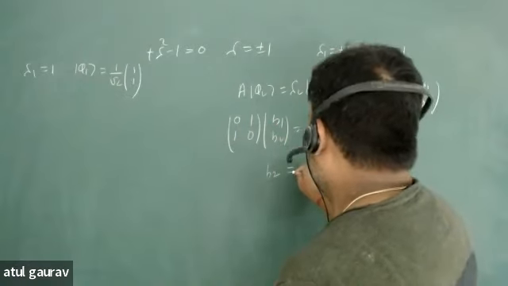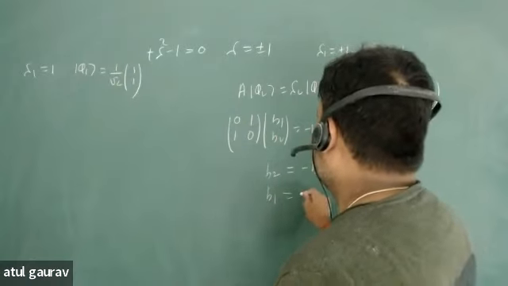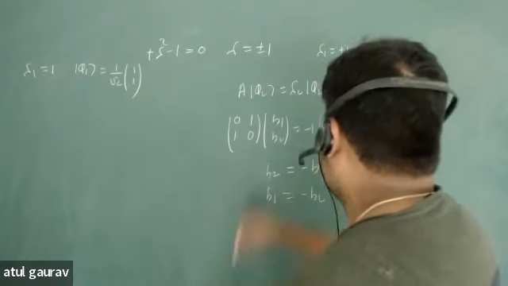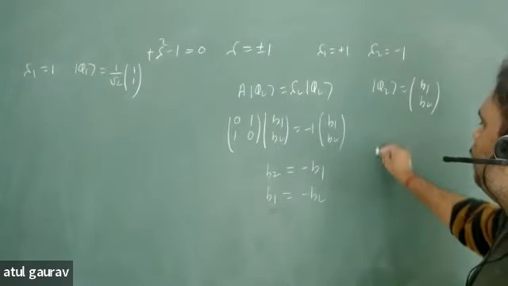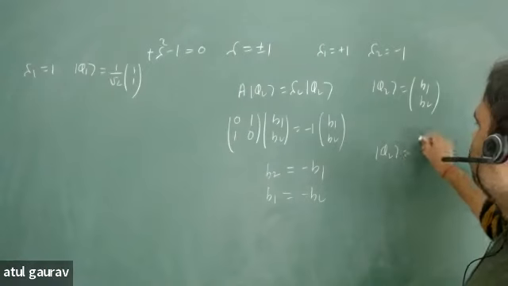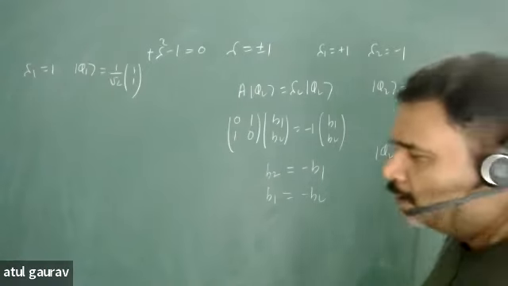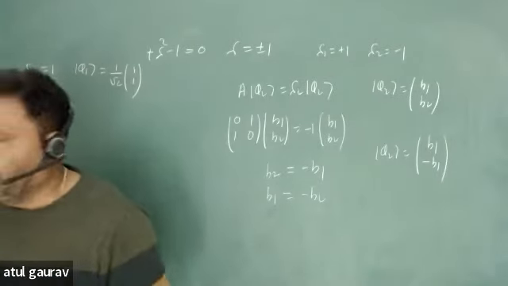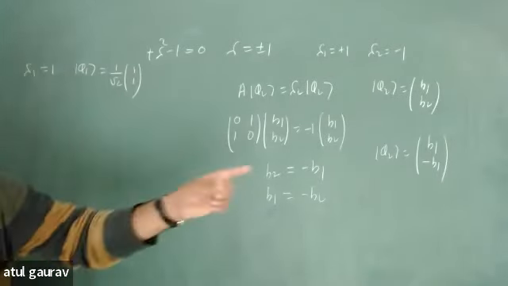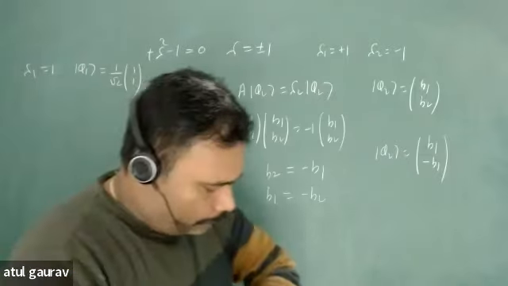Minus B1. B2 is equal to minus B1. And similarly, B1 is equal to minus B2. Both are the same thing, isn't it? So again, I can write phi 2 is equal to B1, minus B1. Or you can write minus B1, B1 also. That is the same thing, not any problem. So how many vectors can you get like B1 and minus B1?